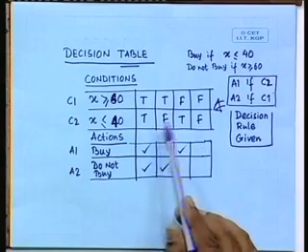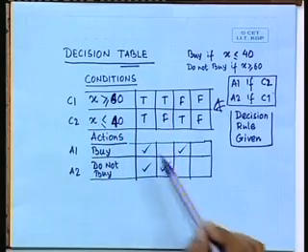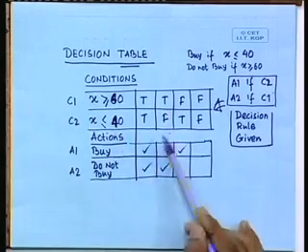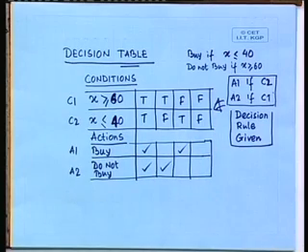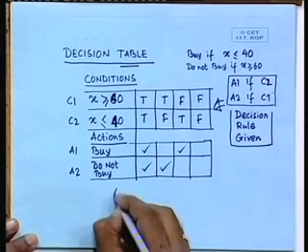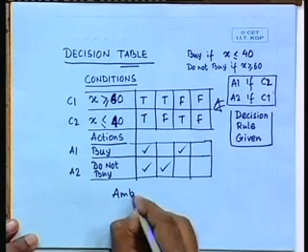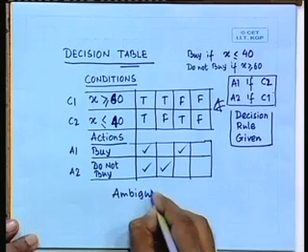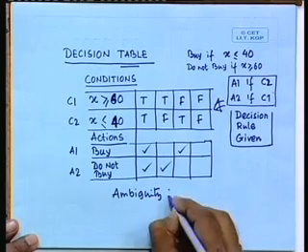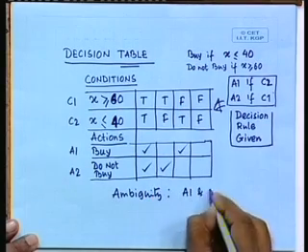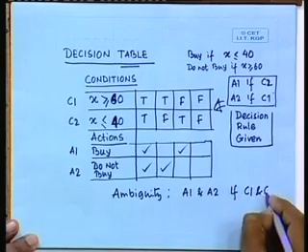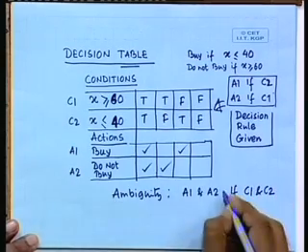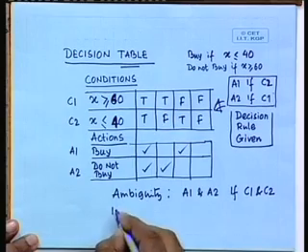Then if x is greater than 60, do not buy, very good. If x is less than 40, buy, that is also very good. But what happens if both are false? No action is specified. So, this particular table has got an ambiguity. What is the ambiguity? A1 and A2 if C1 and C2. And it has an incompleteness.